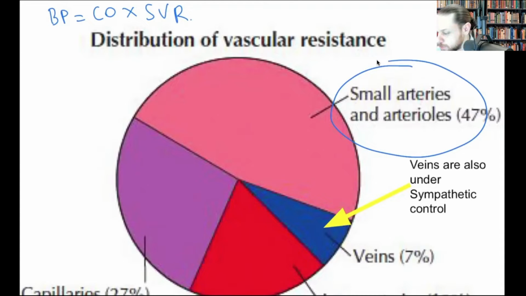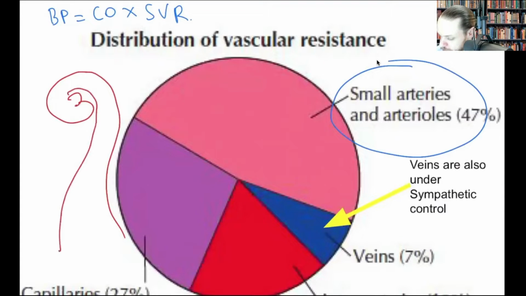If I draw this diagram once more, this is your heart, this is your aorta, and these are your small arterioles. They are under sympathetic stimulation. On these smooth muscles you have the alpha 1 receptors, where norepinephrine or epinephrine will bind and cause vasoconstriction.